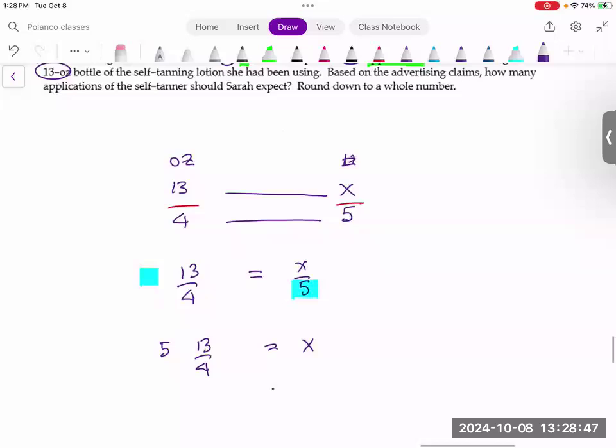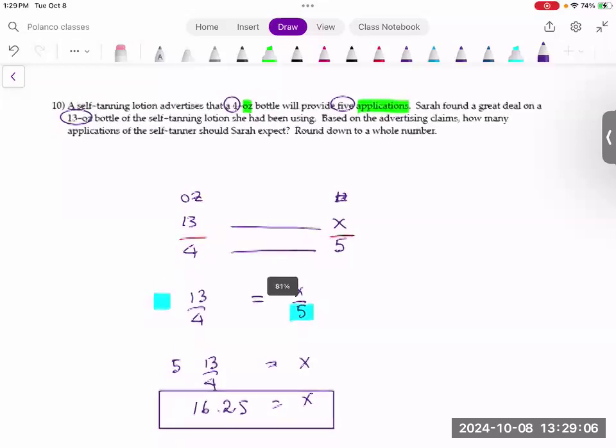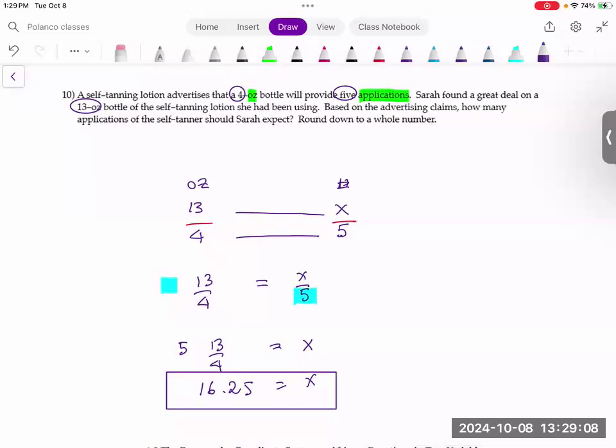And what's the answer you got? 16 point? That's the answer, yeah, 16.25. If you plug it in the calculator, you get 16.25. So how many applications, if you round it to the whole number, it's gonna be 16. Are we okay?